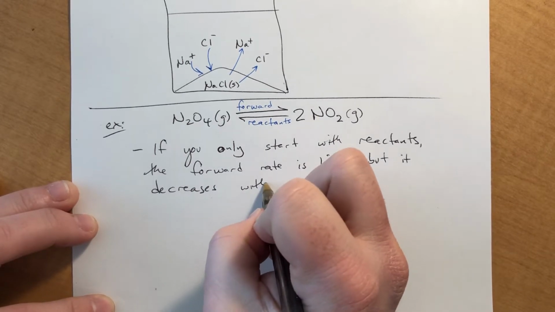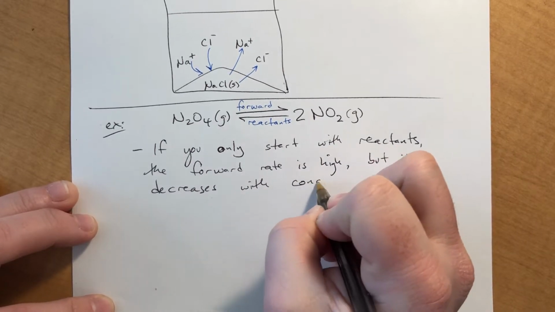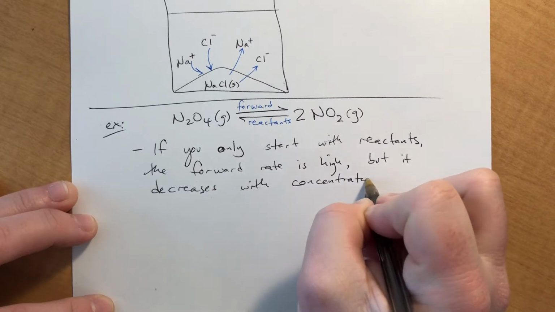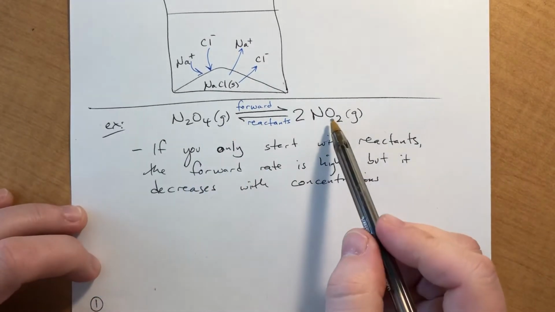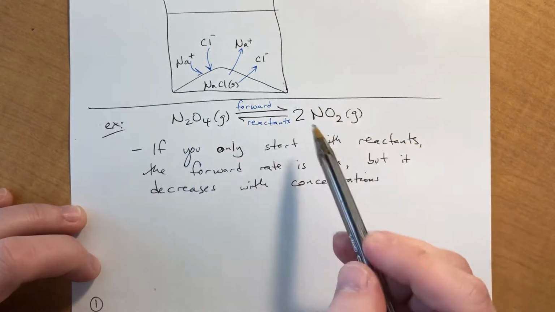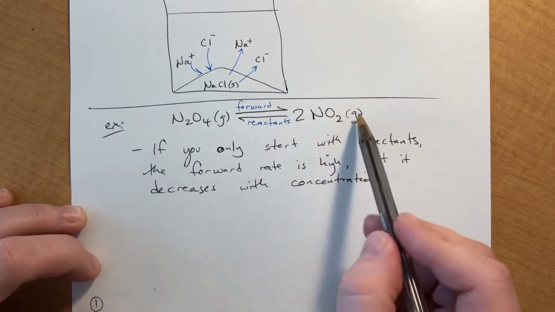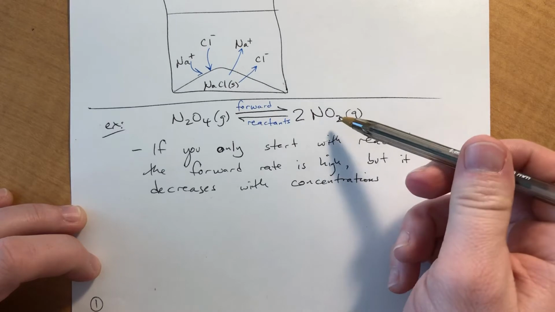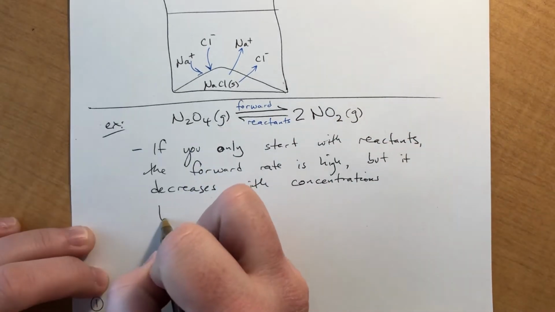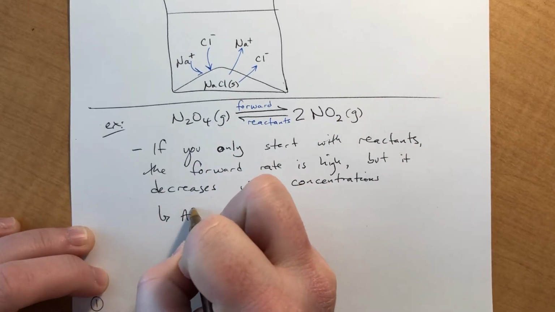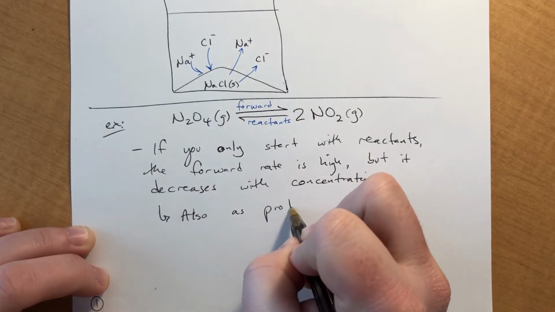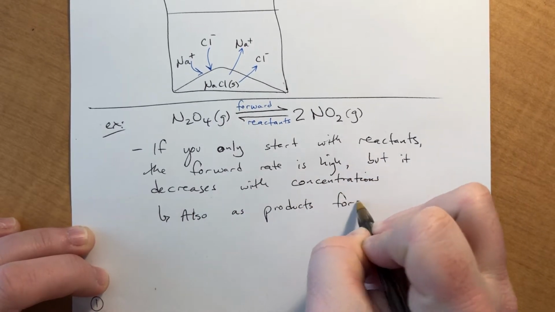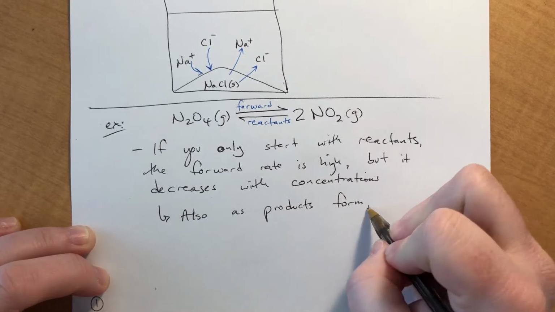As reactant gets used up, the rate goes down. We saw this in the last chapter. This is not new information. But at the same time, as products form, the reverse rate speeds up. Also, as products form, the reverse rate increases.